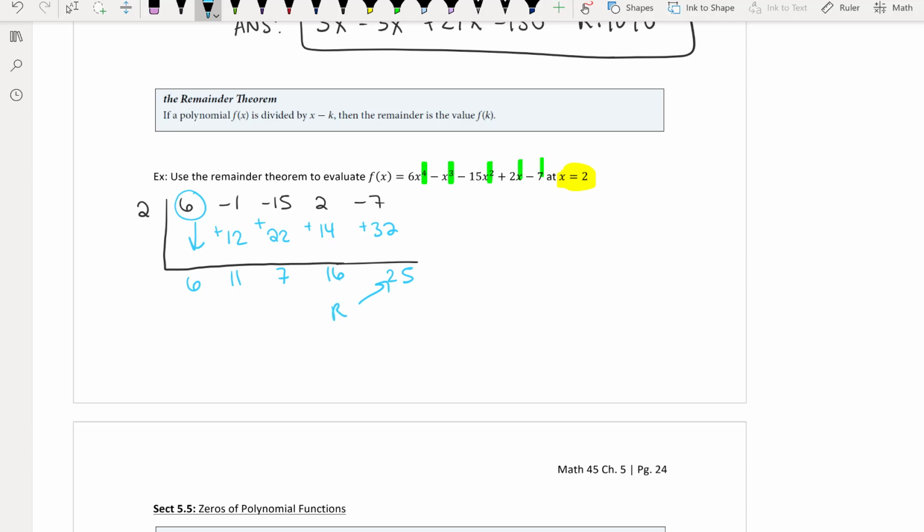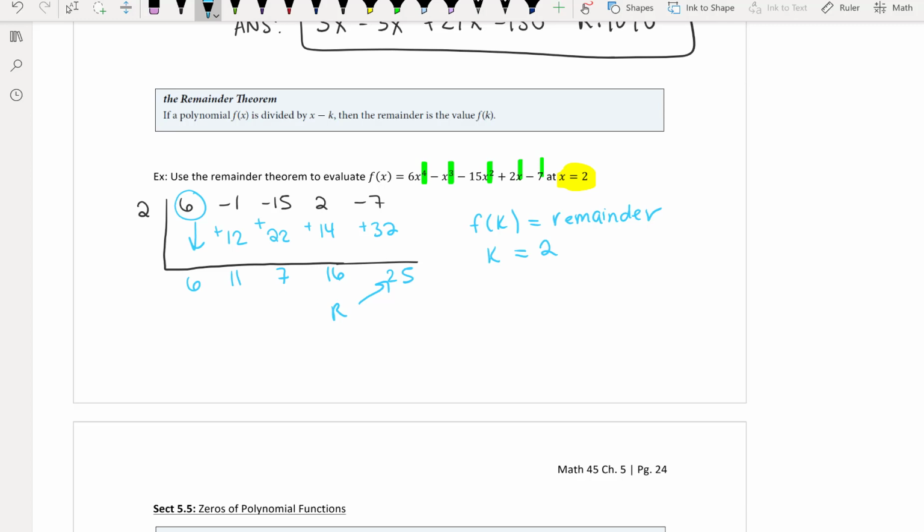So, it specifically says, if a polynomial f of x is divided by x minus k, then the remainder is the value f of k. So, f of k is equal to my remainder. My k value here is equal to 2.